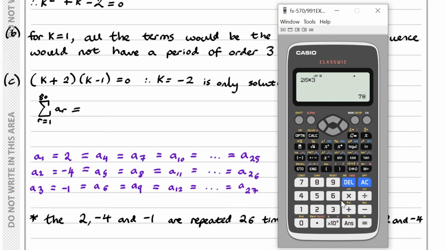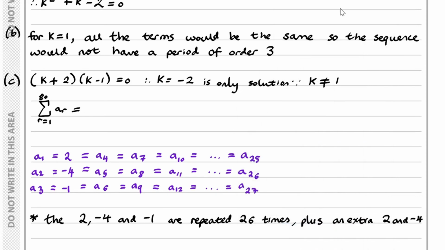And then a28, that will be the 79th term, and a29, that would be the 80th term. And remember, here we've got 80 terms. So we have 26 lots of 2 minus 4 minus 1 plus an extra 2 and an extra minus 4. So let's just highlight all this.